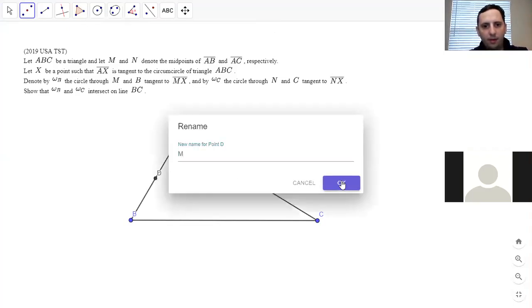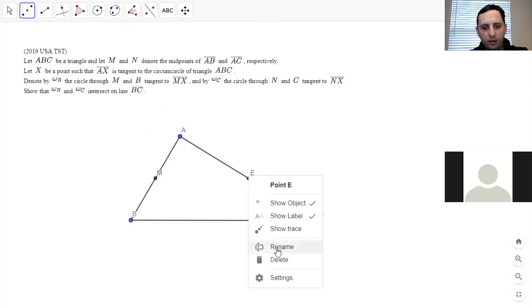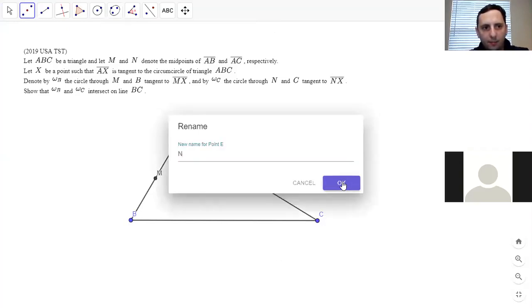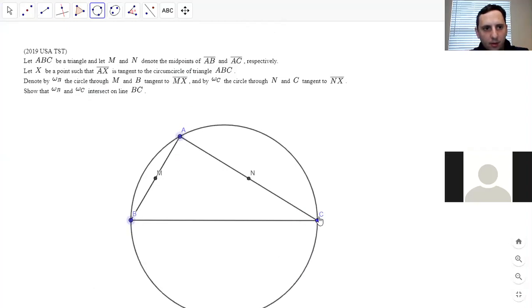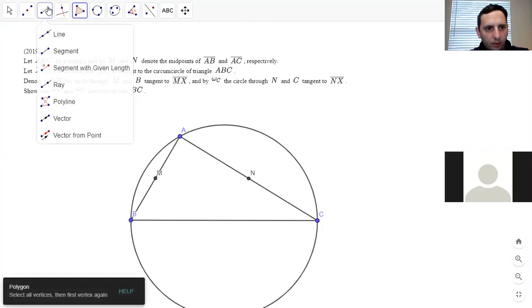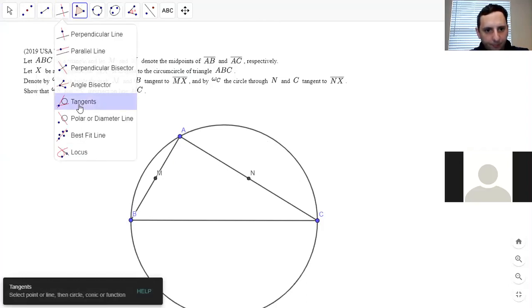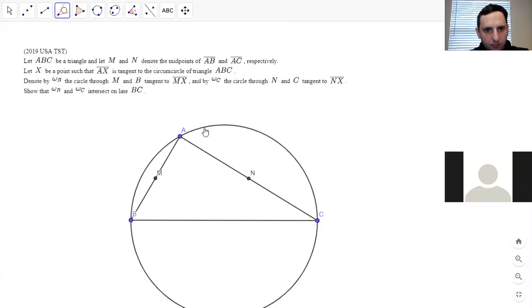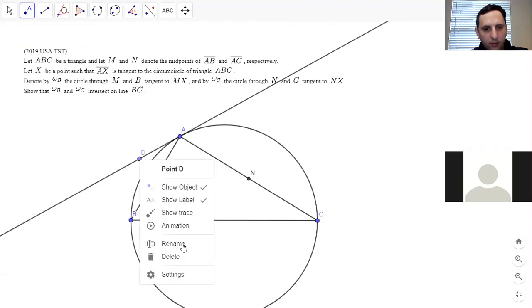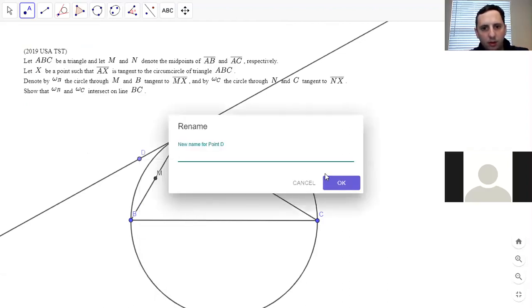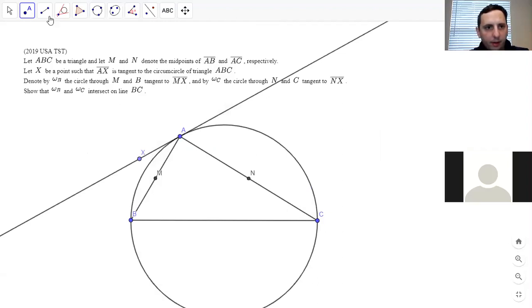That's M, and this is N. So then we draw the circumcircle of ABC. And we draw a tangent to it, and then here's a point X. And then we draw MX and NX.